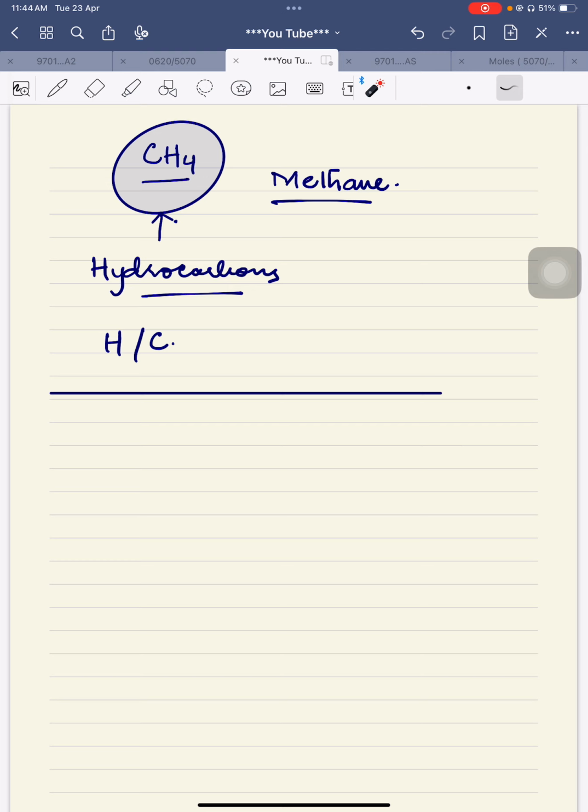That's why it is called global warming, and methane is considered a greenhouse gas.